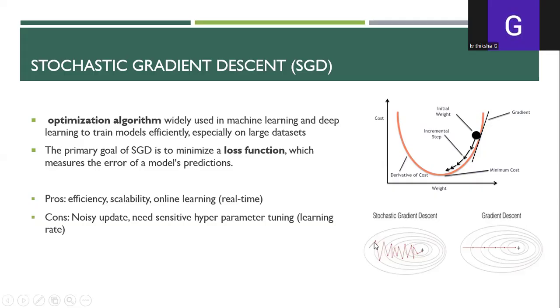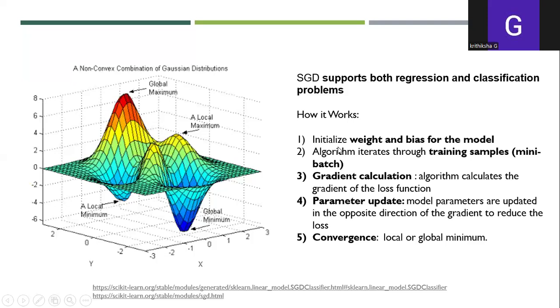If we are updating the learning rate too far or too little, it will be fluctuating. So the model architecture is like that, and because of that, we get some noisy updates. And also, as I said, the learning rate is a hyperparameter that is too sensitive. We have to give the right learning rate in order to achieve the local minima, or else it will fluctuate more.